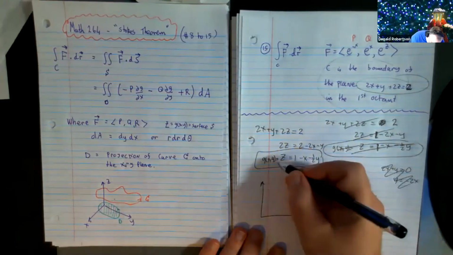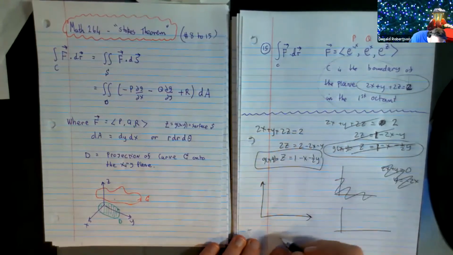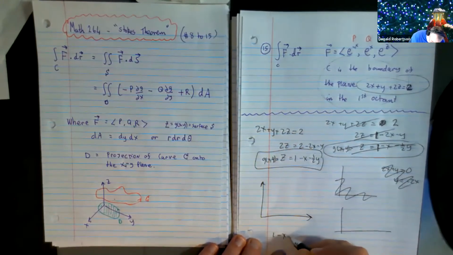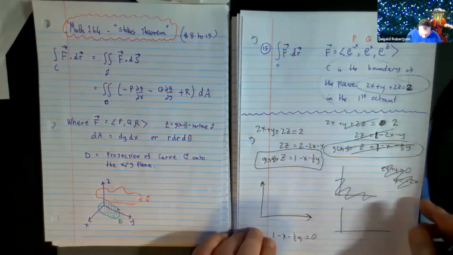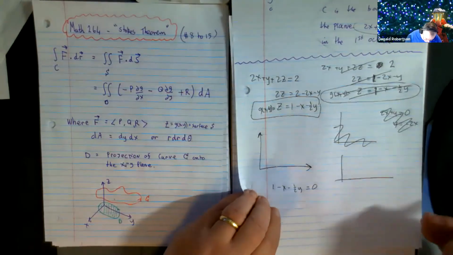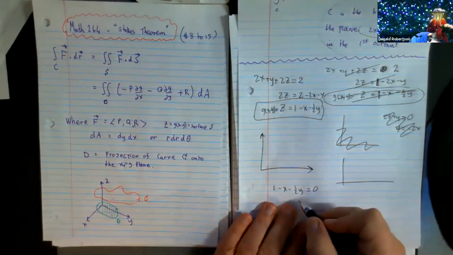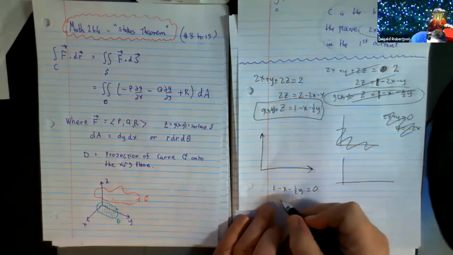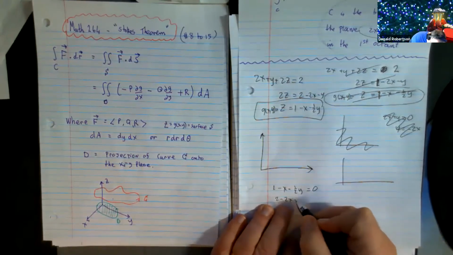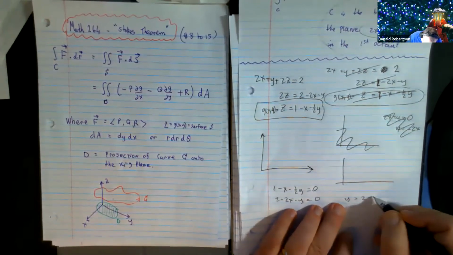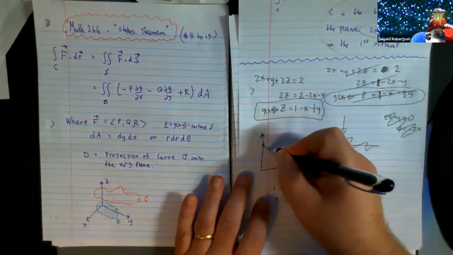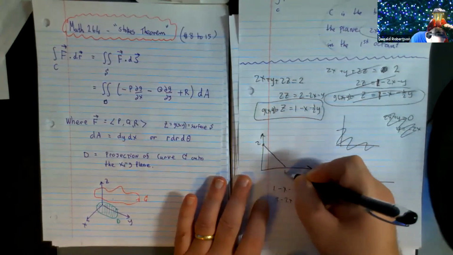And basically you make this 0, and what you're looking at is 1 take away x, take away a half y, I guess equals 0, right? Now if I rearrange that a little bit, I should be able to get the equation of a line. And let's see what we have. Well, if I double everything, it's probably going to make my life easier, because it's going to make y equal 2 minus 2x, which basically makes it that guy.